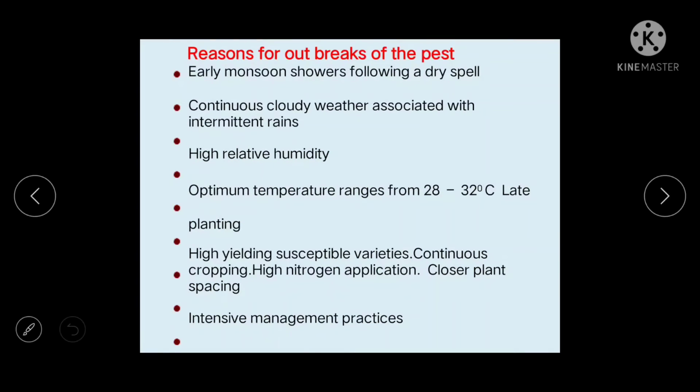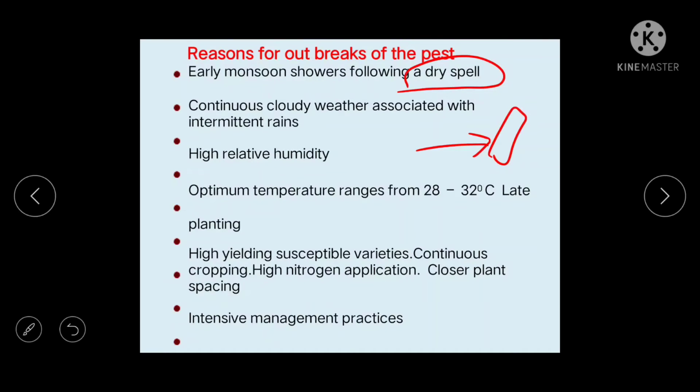So the reasons for outbreak of this pest: why is the outbreak of gall midge occurring? Due to early monsoon showers following a dry spell. Suppose a dry spell continues and suddenly early monsoon showers come, this type of condition also leads to gall midge attack.